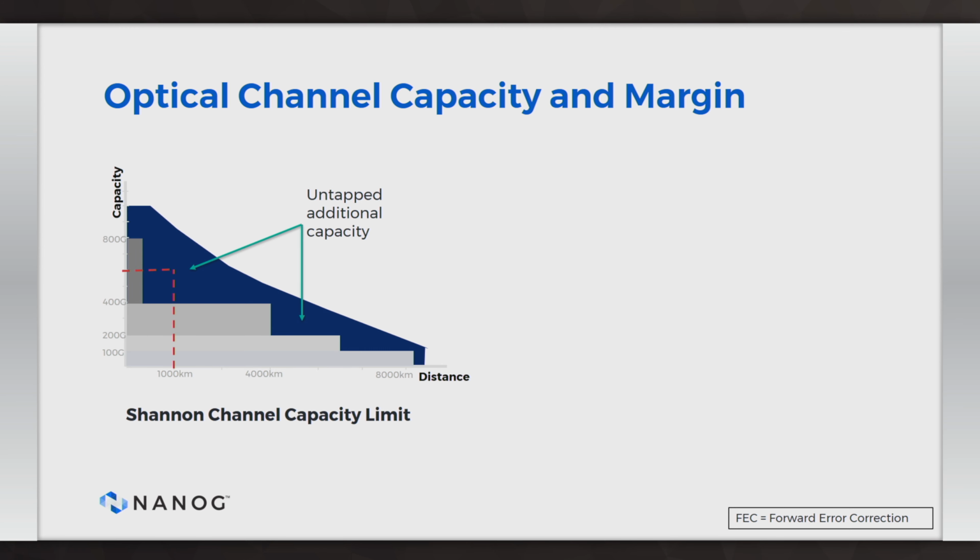For example, you may want a connection between two site pairs, and the distance may be a little too long for 800 gig, but you may do much better than 400 gig. You may be able to support 600 gig between these two site pairs. So I want to tap into this region and see how that helps in the IP layer.